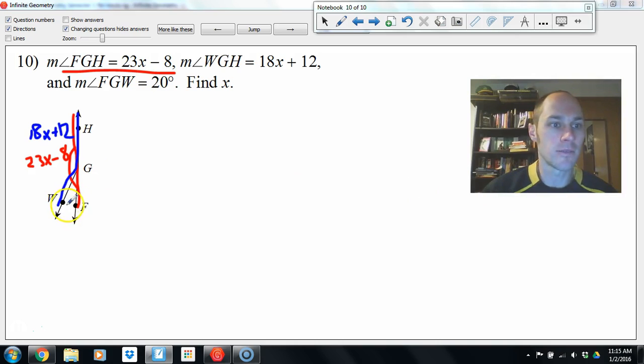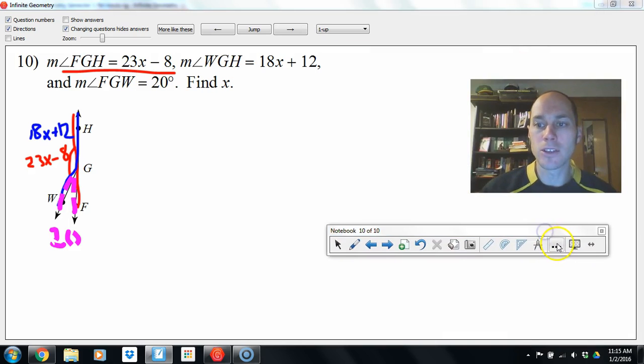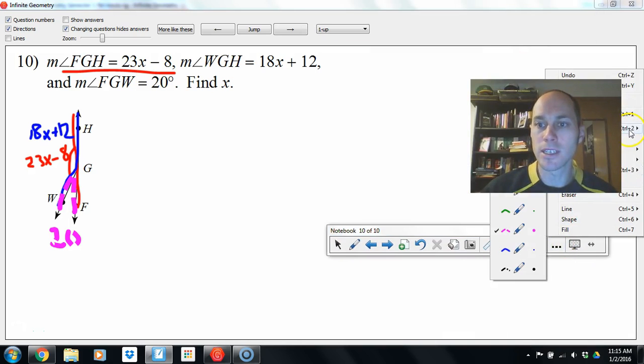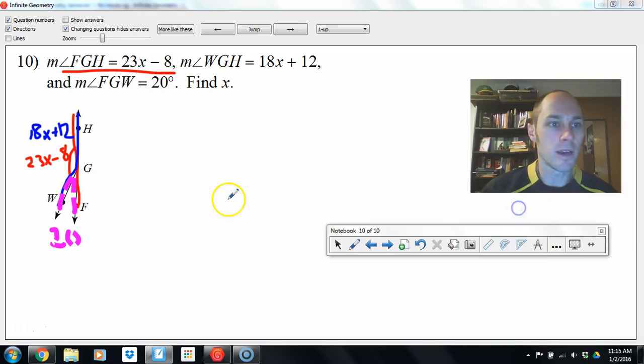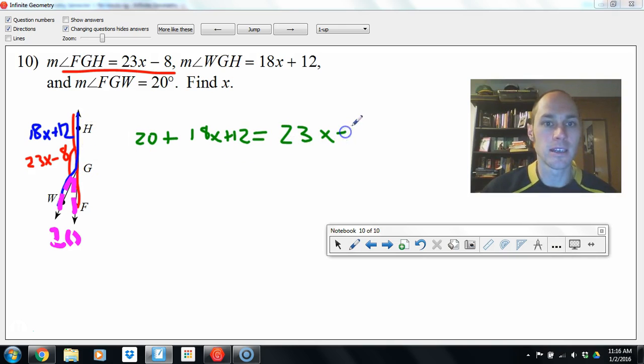So let's see. FGW is 20 degrees. Okay, so if we want to find x, we can apply the angle addition postulate once again and set up an equation. So FGW, which is 20, plus WGH, which is 18x plus 12, should equal the full angle FGH, which is 23x minus 8.